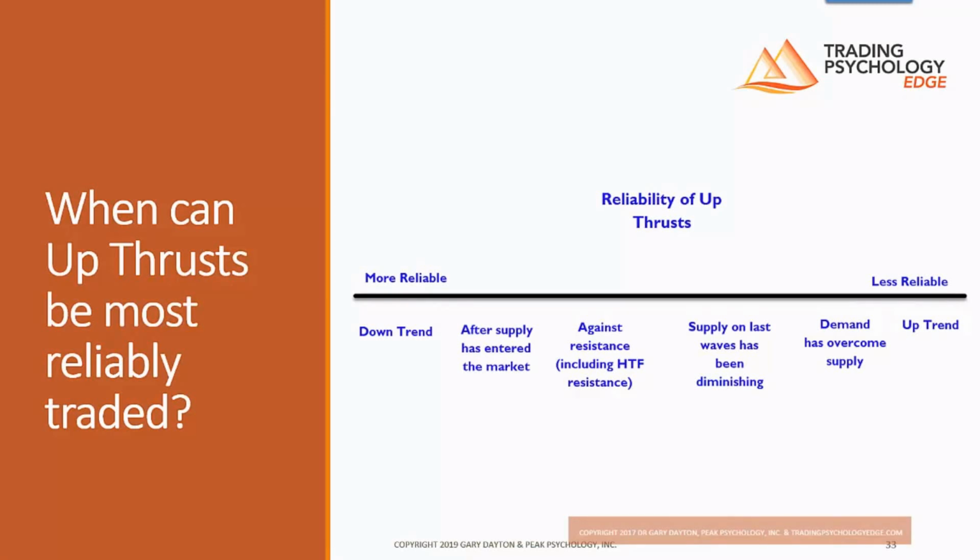And so before we end, I just want to give you a sort of conceptual overview of the reliability of upthrusts. Upthrusts are going to be most reliable, meaning that they're going to work out to target, in a downtrend and after supply has entered the market.